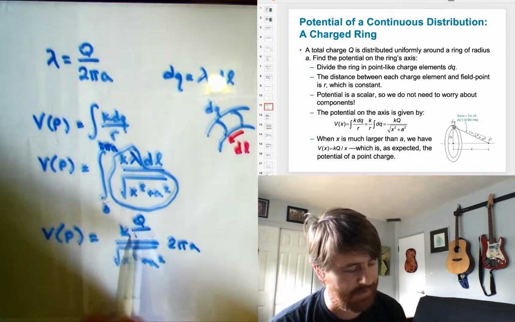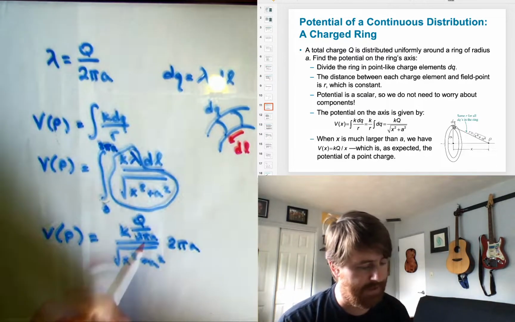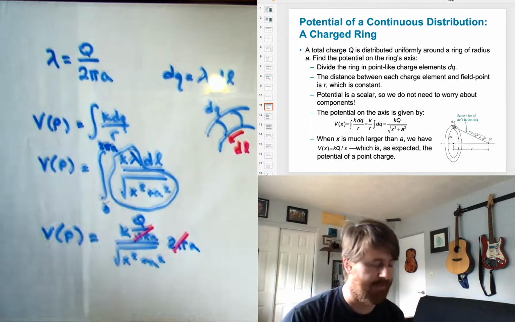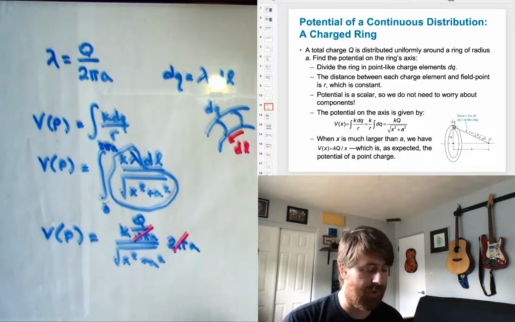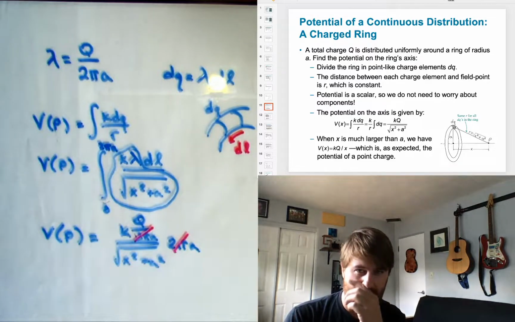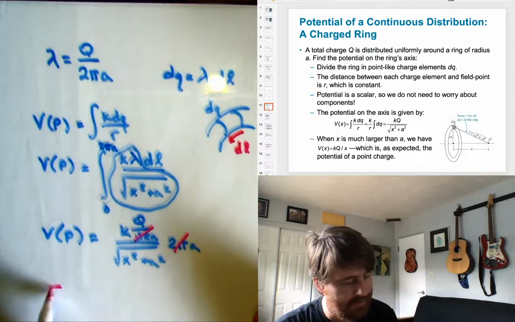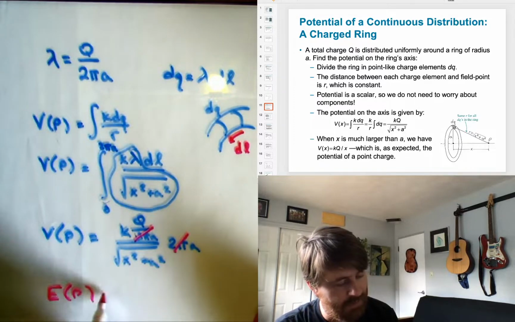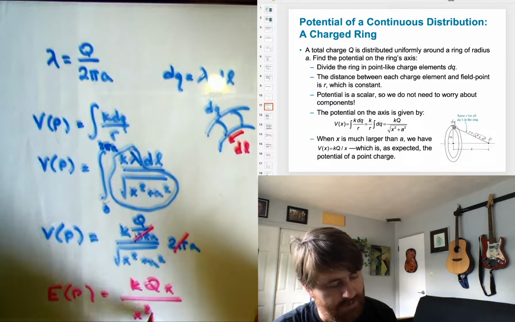That's q divided by 2 pi a. And the 2 pi a's cancel each other out. So I'm left with a potential at point P, which is kq over the square root of x squared plus a squared. Notice this is not the same as the electric field. The electric field at point P was kqx over x squared plus a squared to the 3/2.